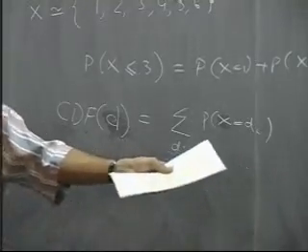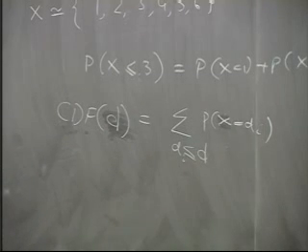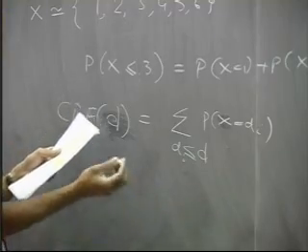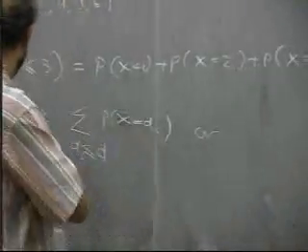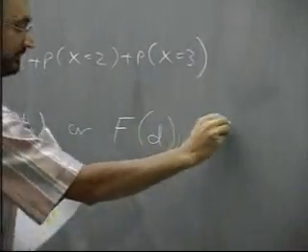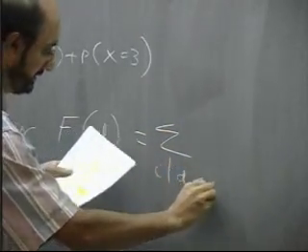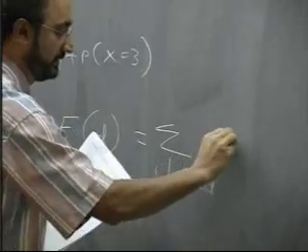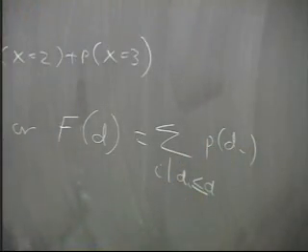That's the more general definition: F(d) equals the sum over i such that d_i is less than or equal to d of P(d_i).